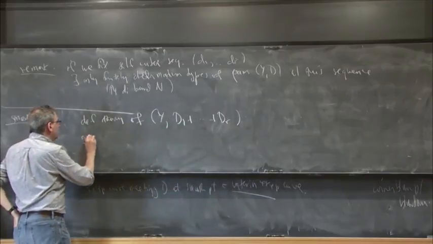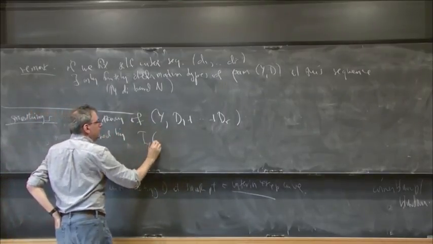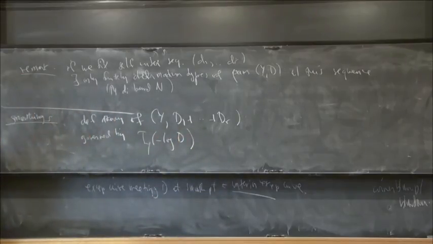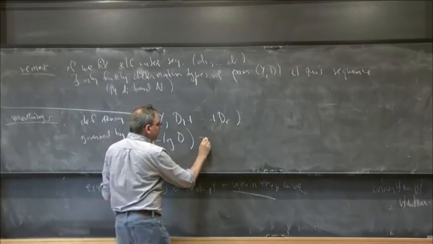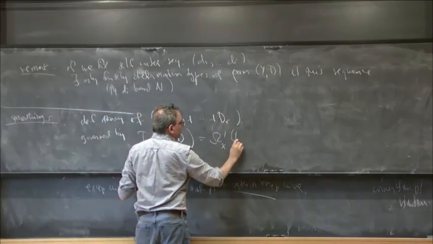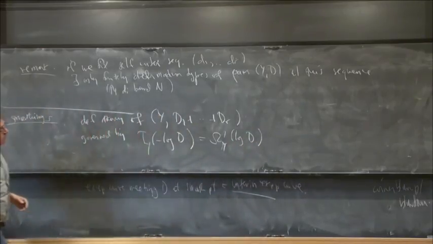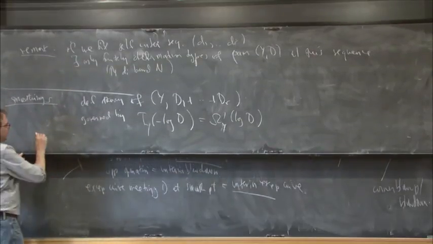And this is governed by what's written in various ways as T_Y(-log D), or Theta_Y(-log D), which is the dual of the one forms with logarithmic poles. Okay. And it's easy to see that this is unobstructed.